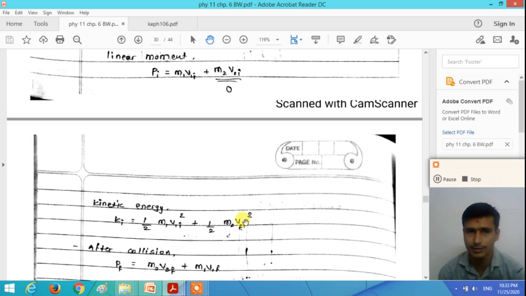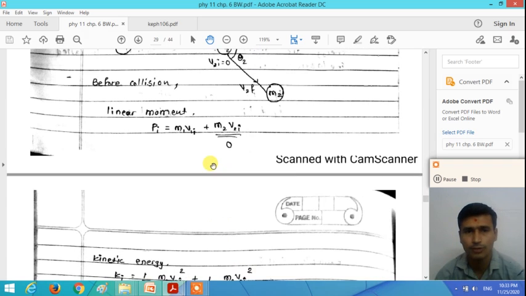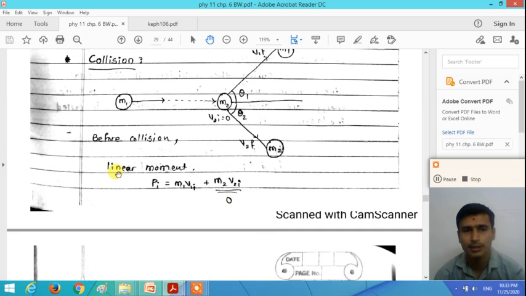So, the kinetic energy before the collision and the linear momentum before the collision. The linear momentum before the collision pi is m1 into v1I, the mass and velocity of the first object, plus m2 and v2I for the second object. But if the second object is stationary, v2I is 0, so pi is equal to m1 into v1I.